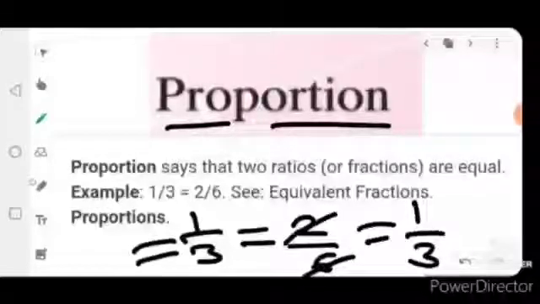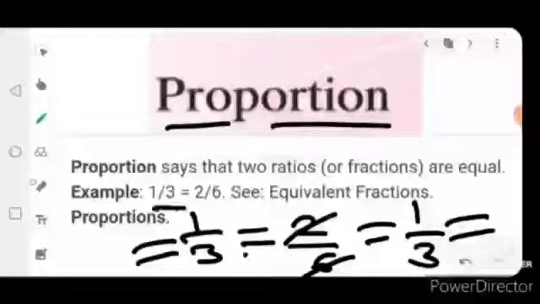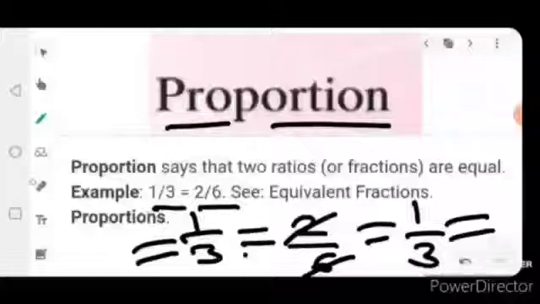Both these ratios, 1/3 and 2/6, are in proportion, meaning they are equal in value. They are equivalent fractions. So proportion says that two ratios or fractions are equal.